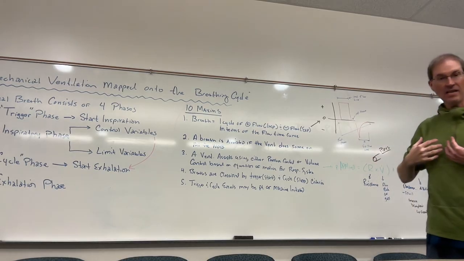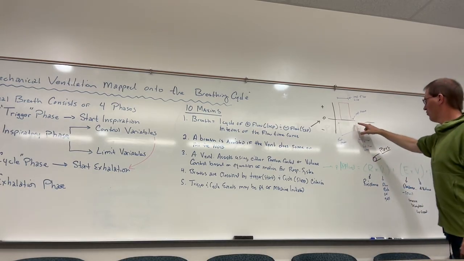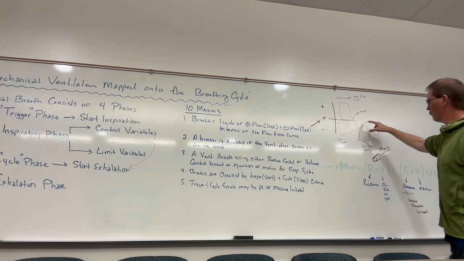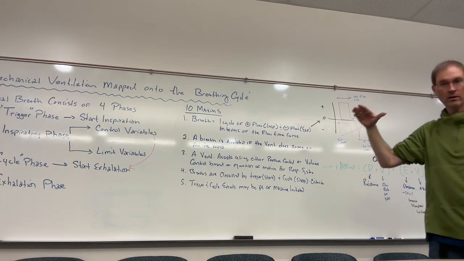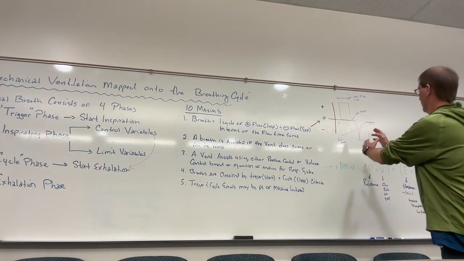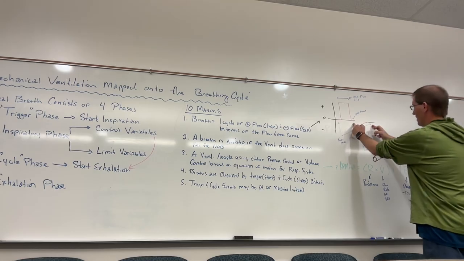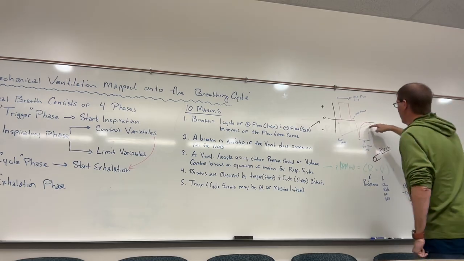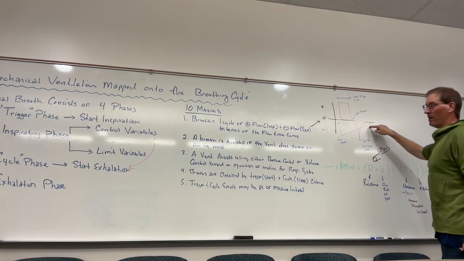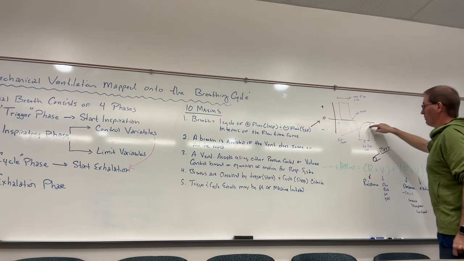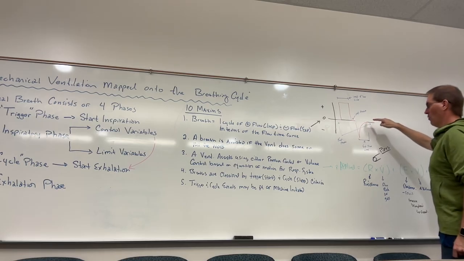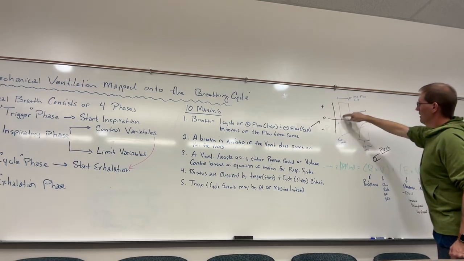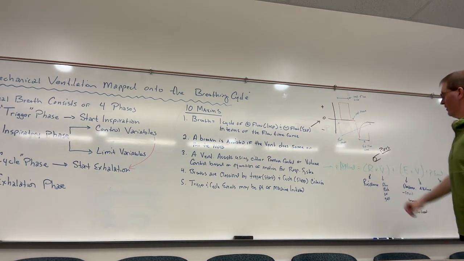And then as you get to the end of the breath, the flow rate will gradually decrease till you get to the end of the expiratory cycle, where there is no more flow coming out of the patient. You go into your expiratory pause, and then it happens all over again.